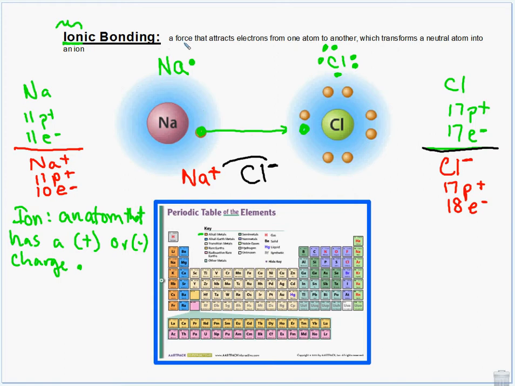It is described as a force that attracts electrons from one atom to another. Sodium gave away its electron to chlorine, which transforms a neutral atom into an ion, and then those ions' opposite charges are attracted to each other. So that's an ionic bond, and that is one very important type of bond that we know.